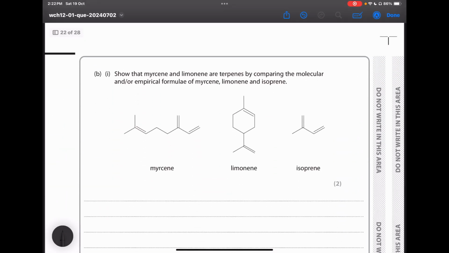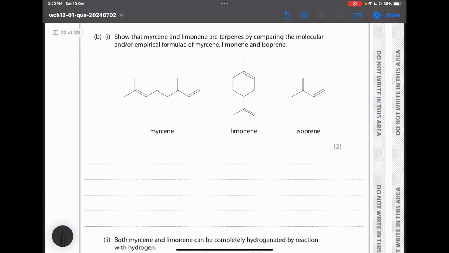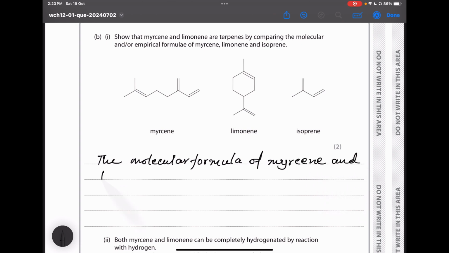So if we look into the molecular formula of myrcene and limonene, it is actually 1, 2, 3, 4, 5, 6, 7, 8, 9, 10, C10, H16, right?